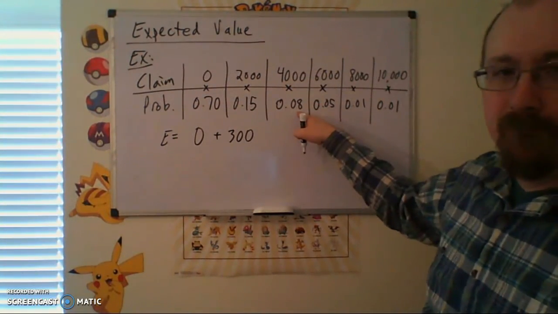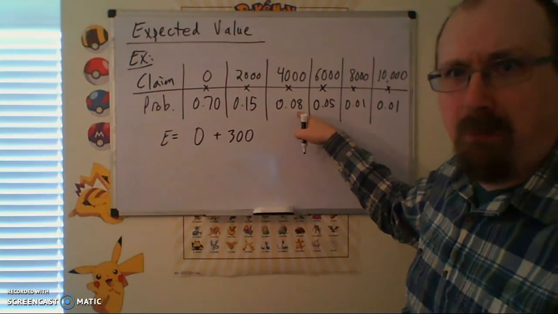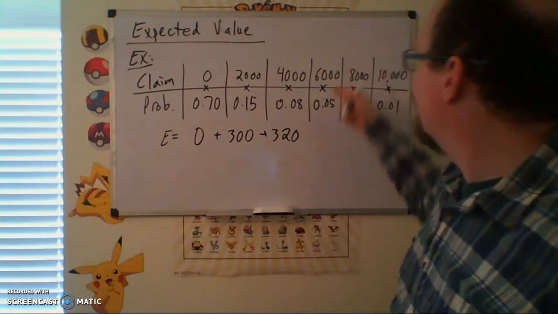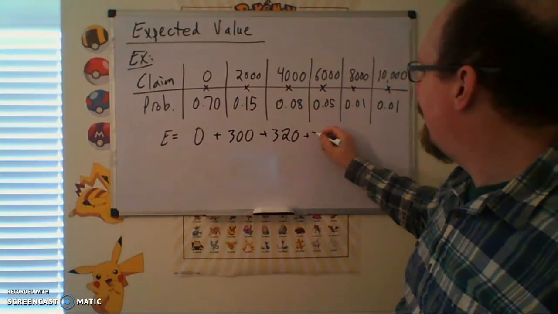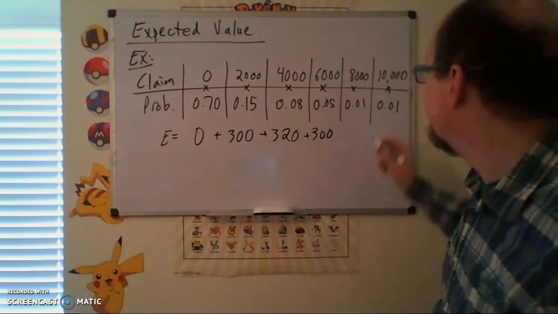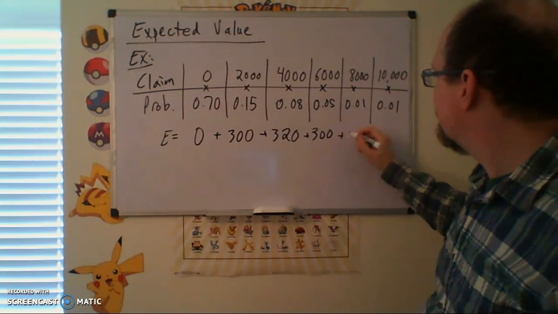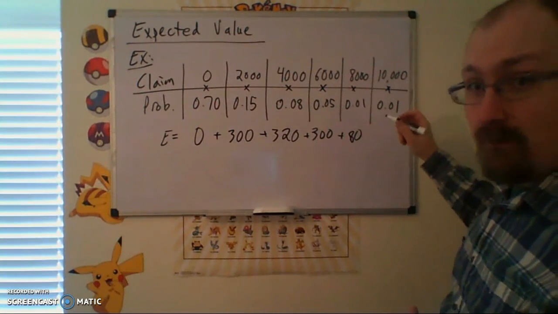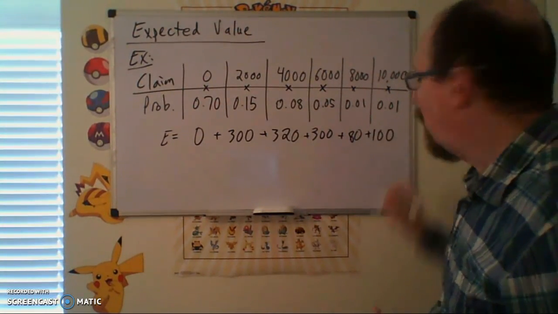Again, remember, move the decimal twice. It's 0.08, not 0.8. So this gives me 320. 6,000 times 0.05 is another 300. That's an ugly 300, but you get the idea. 0.01 times 8,000 gives me 80. And 10,000 times 0.01 would give me 100.